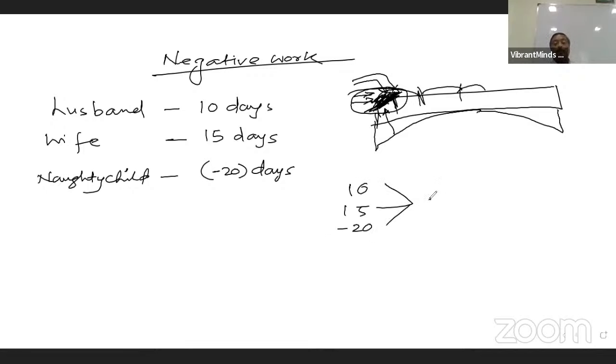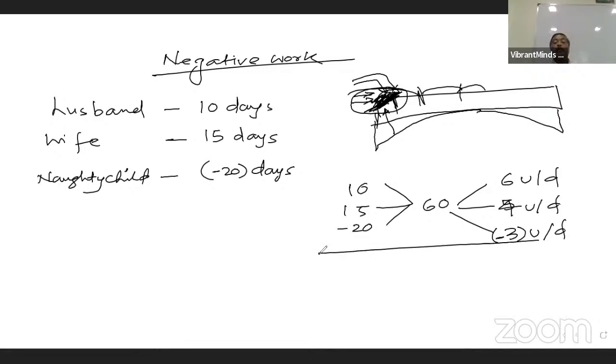LCM again will be how much? 60. So husband is doing 6 units per day, wife is doing 4 units per day, and this naughty child is doing 3 units per day. But what is it doing? Negative work.